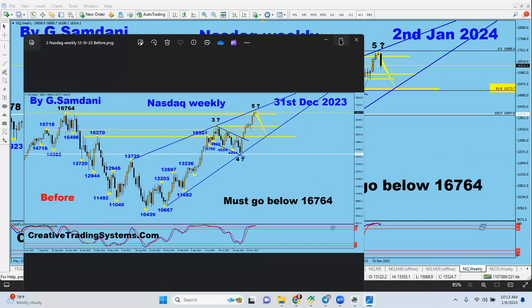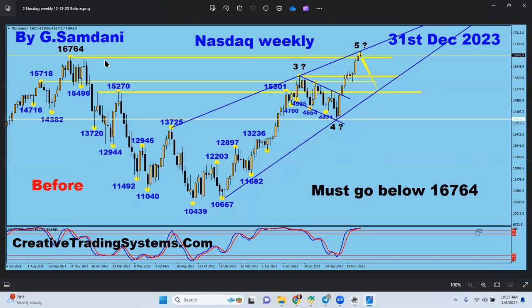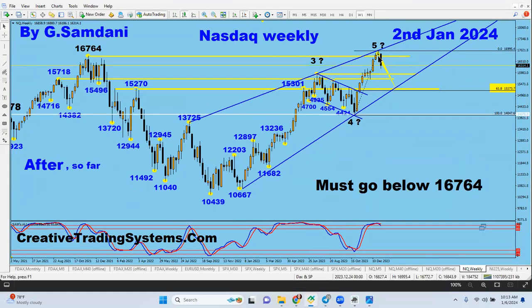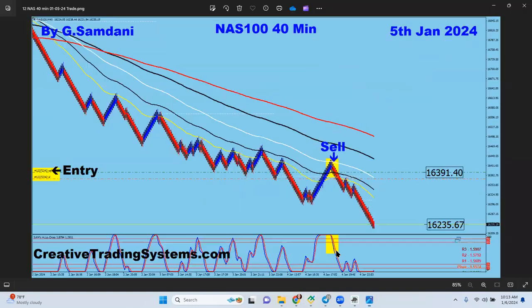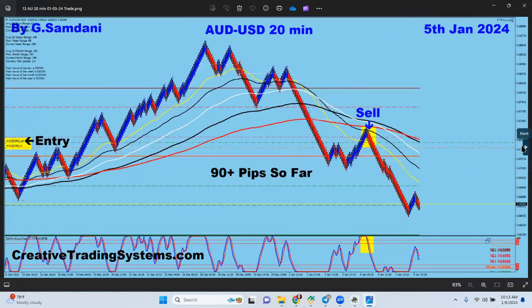That is going to drop after making the wave 5 here. This is the high 167.64, and I said it's going to drop. So what happened? Currently, this is how we closed. Right from there, it started to drop. So that's why I had those couple of shorts I showed you on my Nasdaq, right? First from the top, the big one, and then this is a small one also.